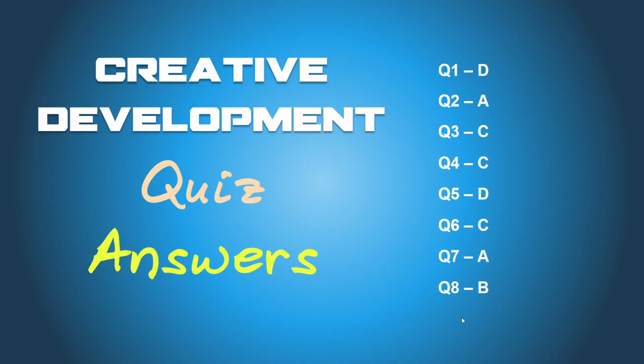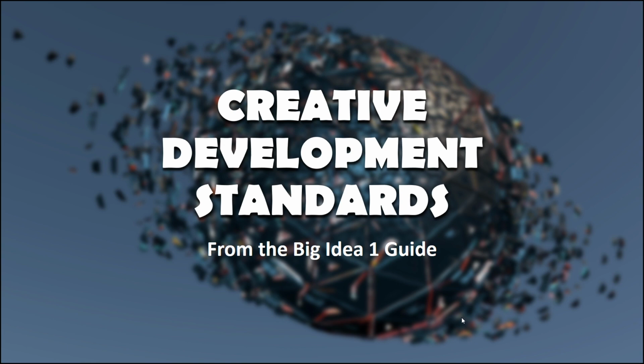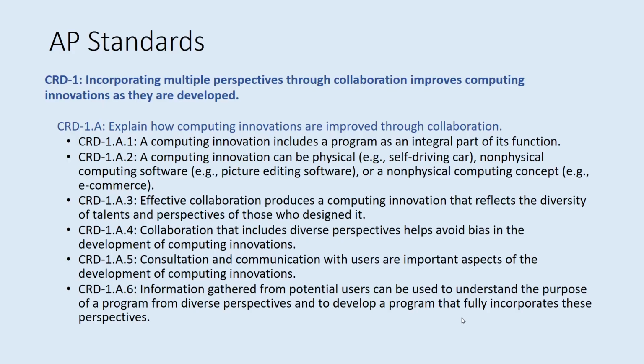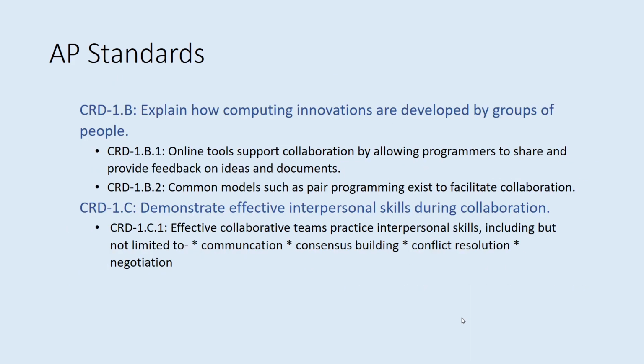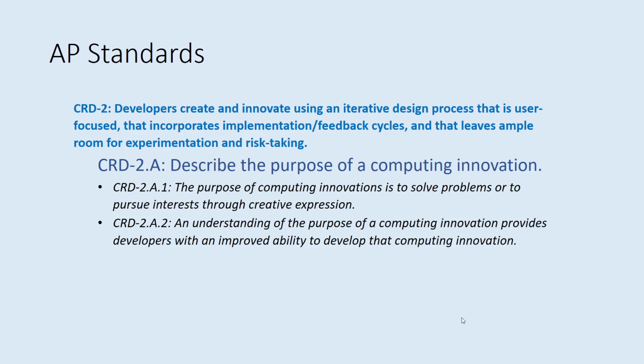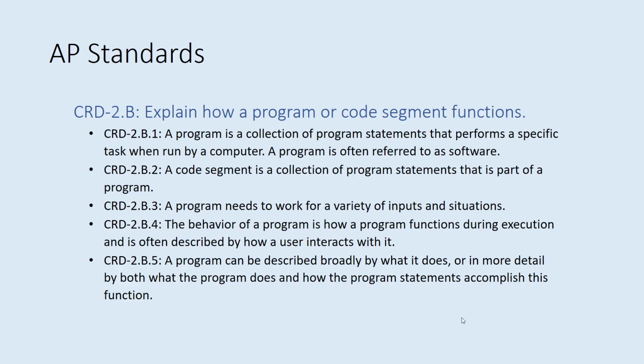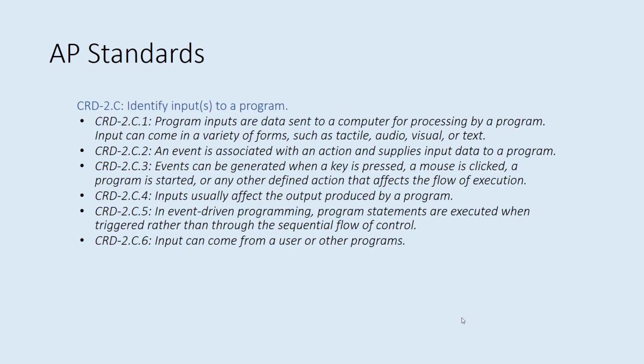All right, so don't forget, if you do get confused on any of these concepts, go back through the Big Idea Guide. There's a bunch of points here. These are all the points that they're testing you on. So I'll just skip through these now. You can pause the video and see them. These are all the concepts. You can certainly look through them all.